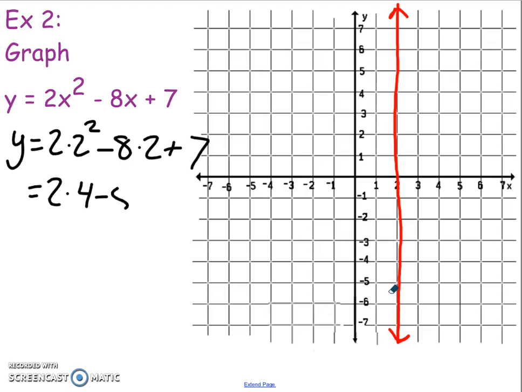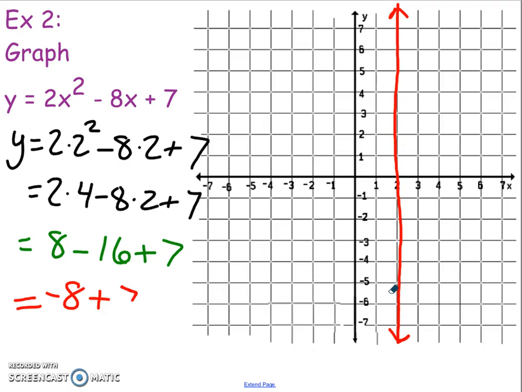And if I start crunching that out, that's going to give me 8 minus 16 plus 7, or negative 8 plus 7, and negative 1. So my vertex, since I substituted in a 2 for x, is the ordered pair 2, negative 1. So I'm going to go over 2, down 1, and there's my vertex.